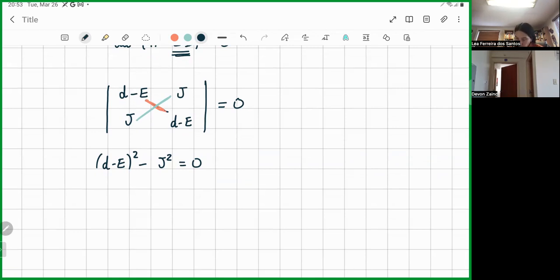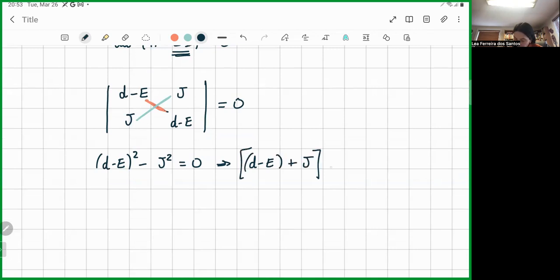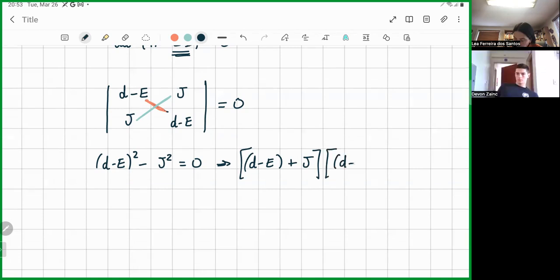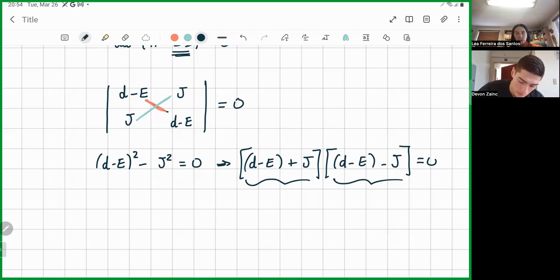If you stop to look a little bit at this equation, you can write it like this: (D minus E plus J)(D minus E minus J) equal to 0. See that this is a good way, because then instead of solving the quadratic equation, you can say this has to be 0 or this has to be 0.